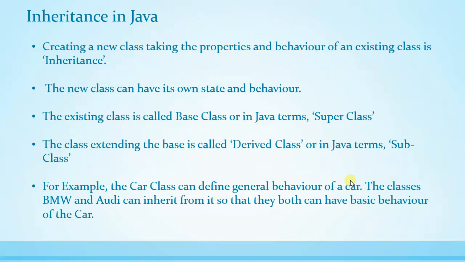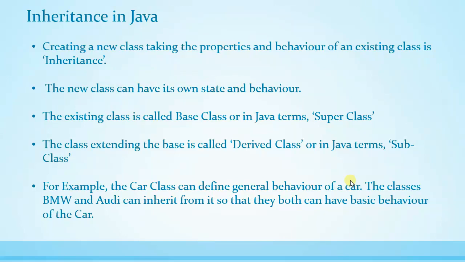So for example, BMW, Audi, Ferrari all derived from the car class, and these specialized cars can have their own properties and behavior. But the point here is BMW, Audi and Ferrari all derived from car, so they all three will have common behavior and properties, and those properties are inherited from the car class.